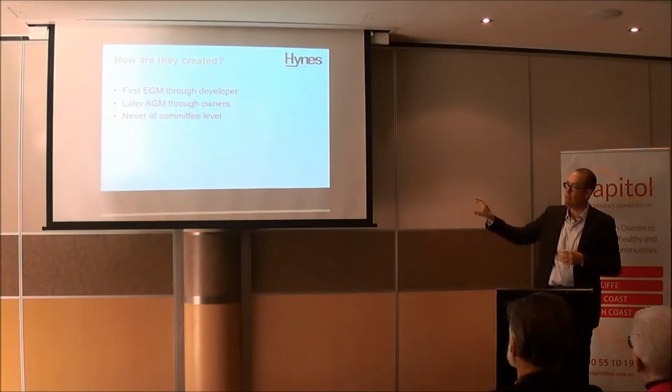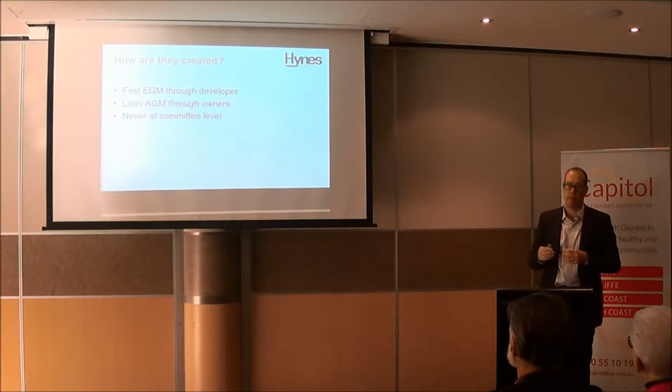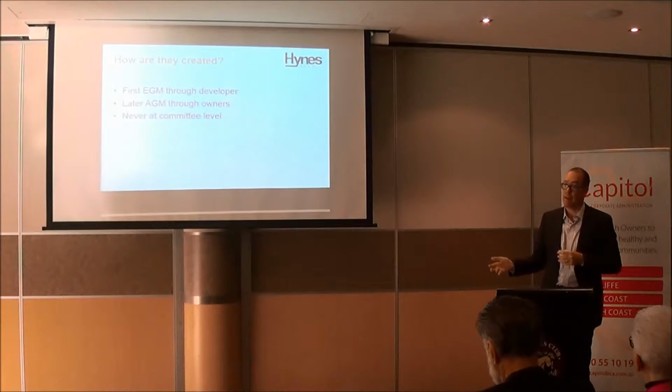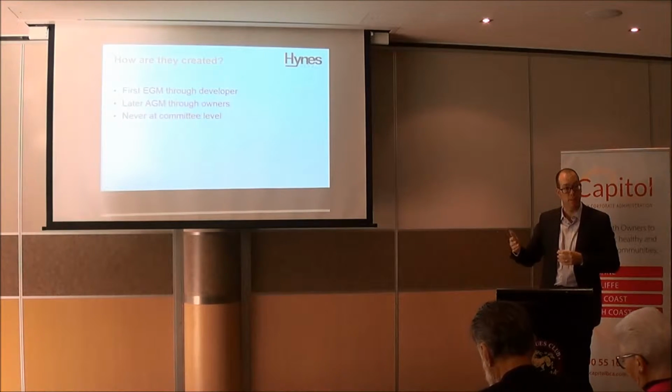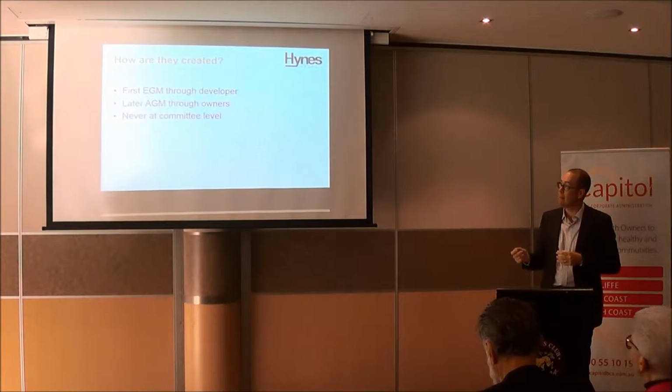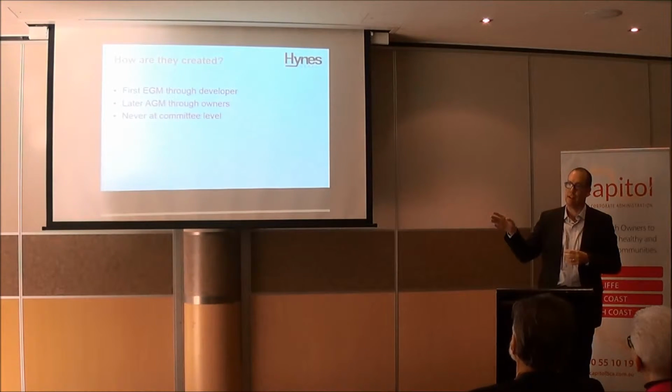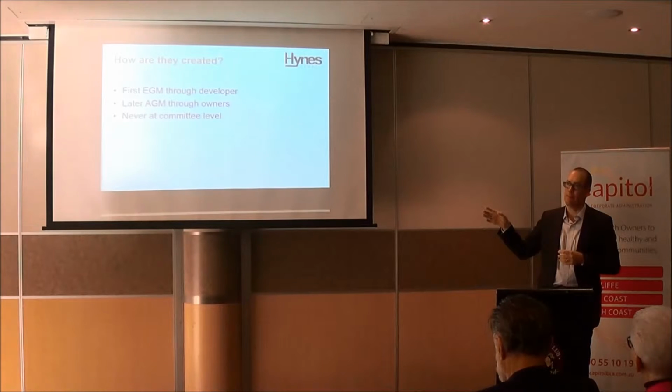Underneath that, we have various modules, and the two modules that you'll see from a residential living perspective will be standard and accommodation. Inside those modules are the various rules around spending limits, committee decision making, general meetings, proxies, all those sorts of things. But the big difference from a management rights perspective is that under a standard module, a management rights agreement can have a term of up to 10 years, whereas under an accommodation module, the agreement can be for a term of up to 25 years.